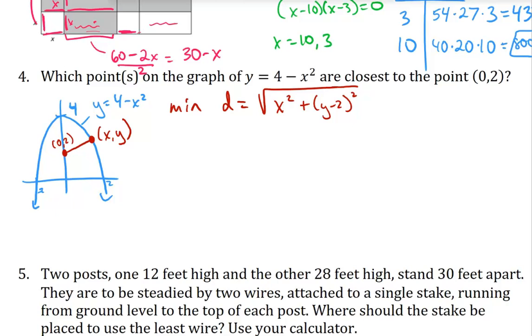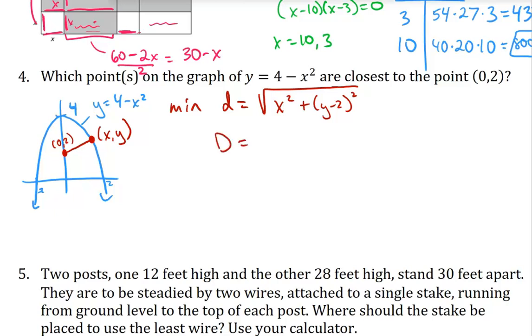Now, this minimizing distance formula will come up. So here's my very strong suggestion. Whatever point makes my distance the minimum is the same point that will make the square of the distance a minimum. The distance won't be the same because I will have a number that is squared from what the actual distance is. But the point that I find, like my critical point, is going to be the same. So what am I saying by that?